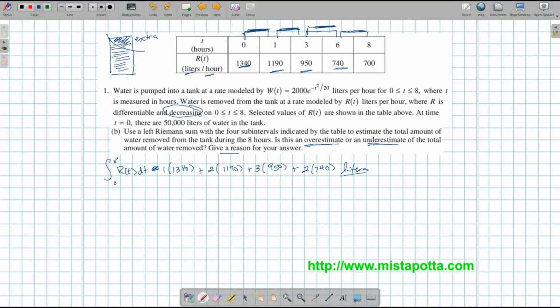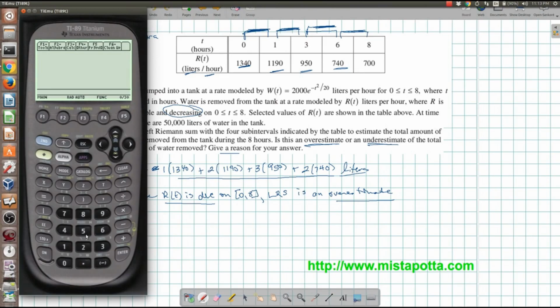And so that means that for a decreasing function, a left Riemann sum is going to be an overestimate. So because r of t is decreasing on the interval 0 to 8, the left Riemann sum is an overestimate. So notice here, to get the full credit, I need to have my approximation, I need to have that it's an overestimate, and I need to have my justification because r of t is decreasing on that interval.